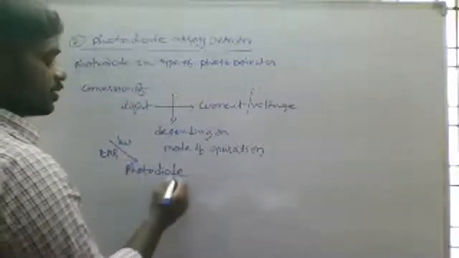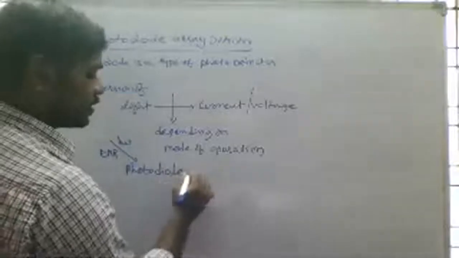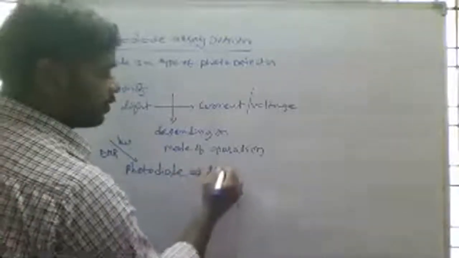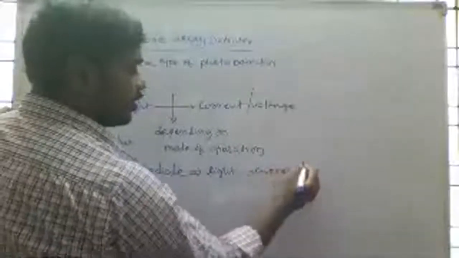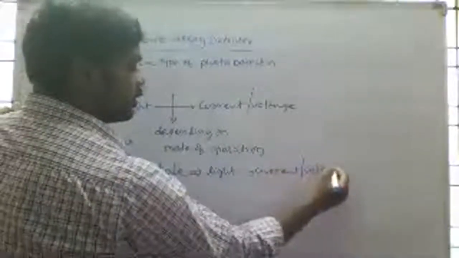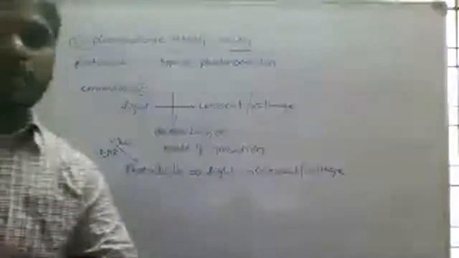The photodiode takes light into current or voltage.